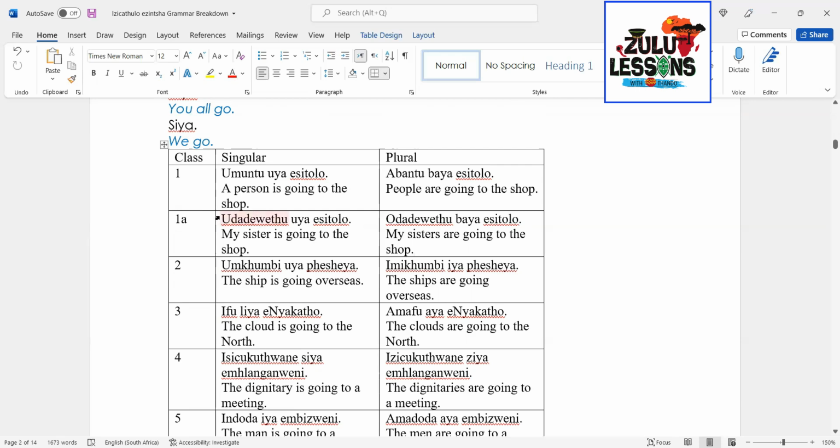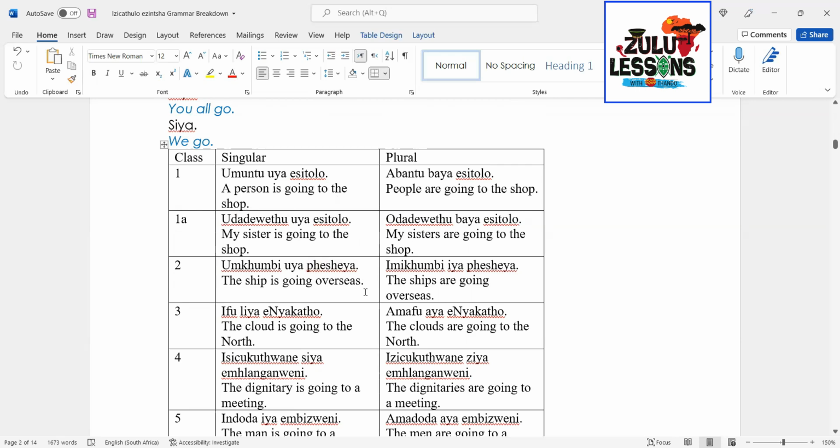But the ones in class 1A, when they are singular, they start with u only. And when they're plural, they start with o only. Now, moving on to class 2.